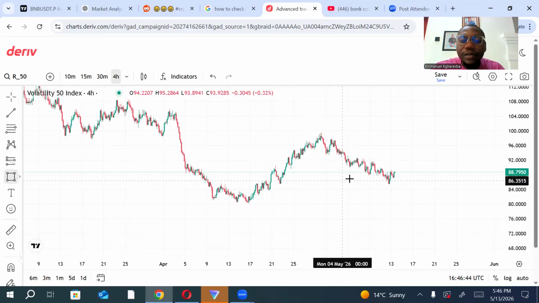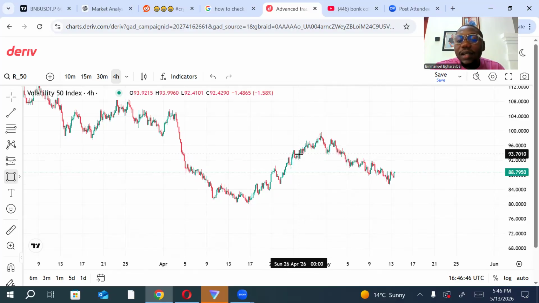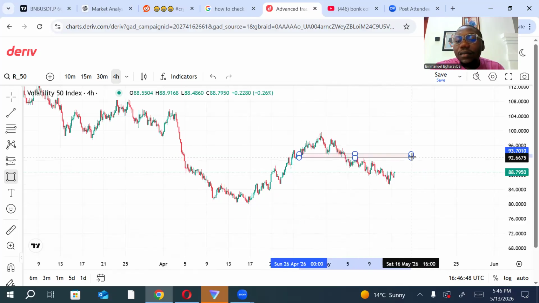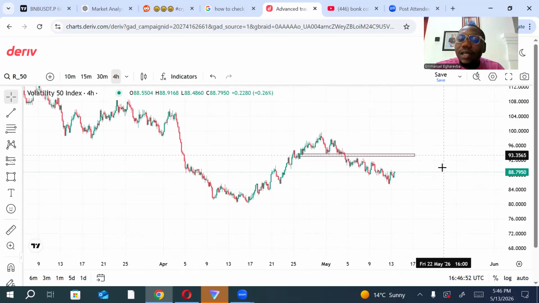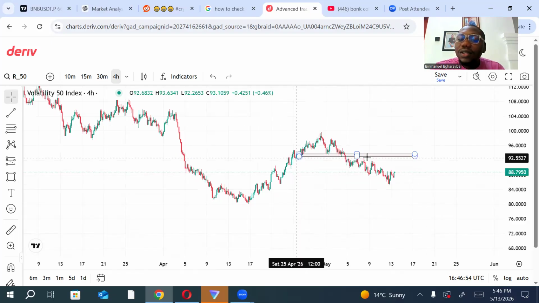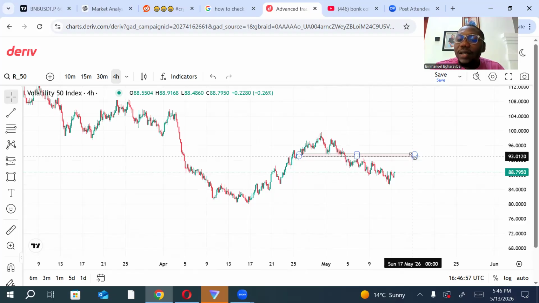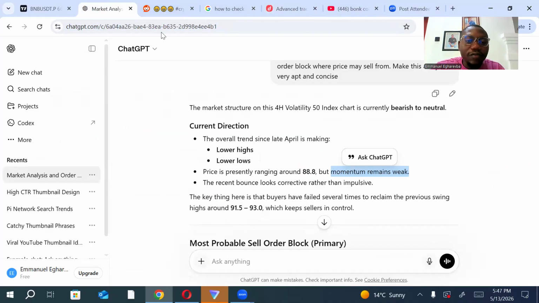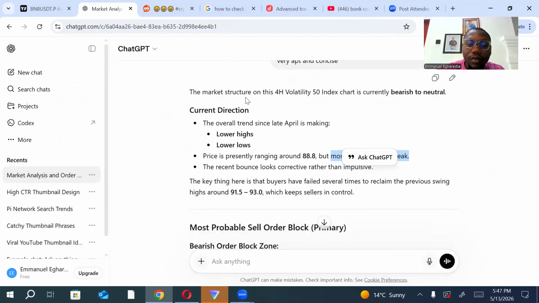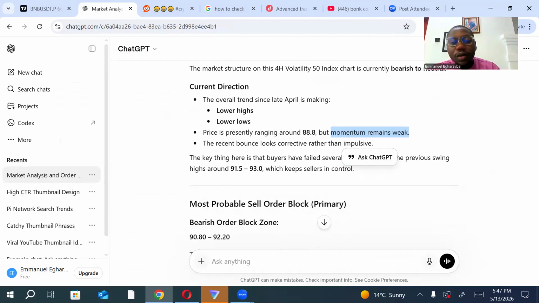So buyers failed to reclaim this level, showing us that here is a possible sell region. That's one interpretation. Let's go again, which keeps sellers in control.